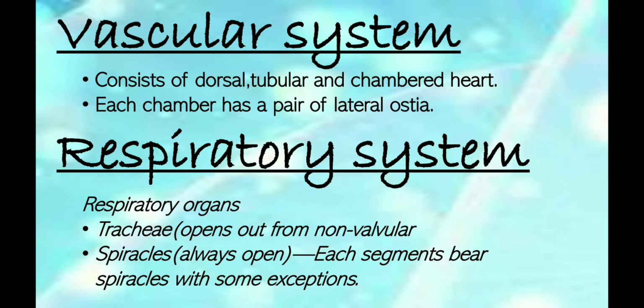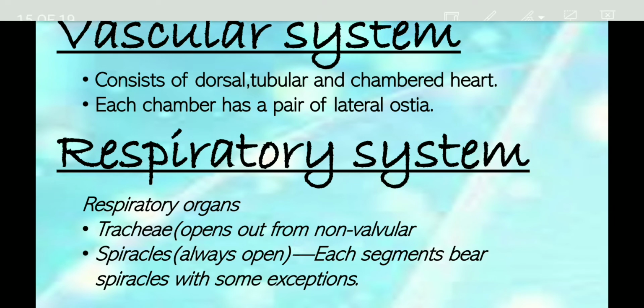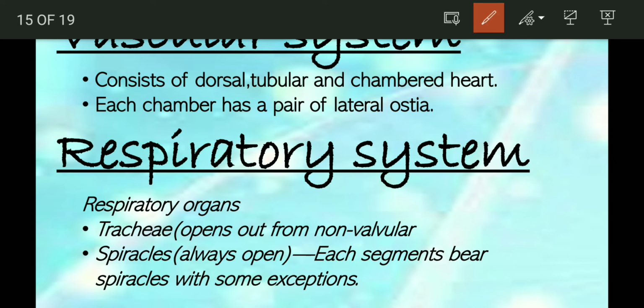Then talking about the vascular system, it has a dorsal, tubular, chambered heart. Vascular system means the circulatory system. Each chamber has a pair of lateral ostia. Now moving on to the respiratory system, it has tracheae and spiracles.